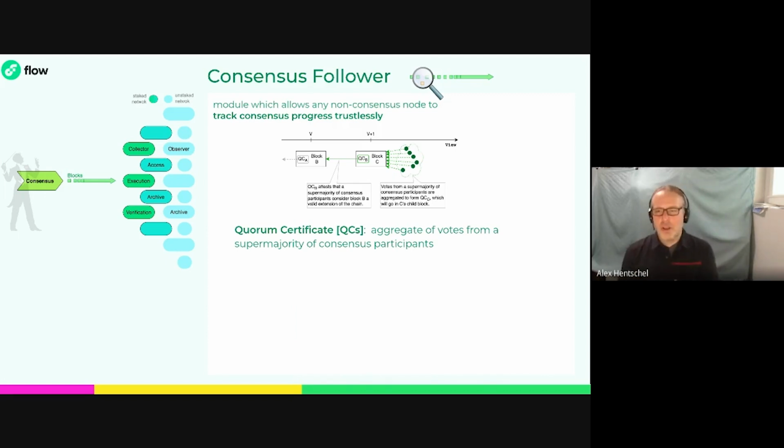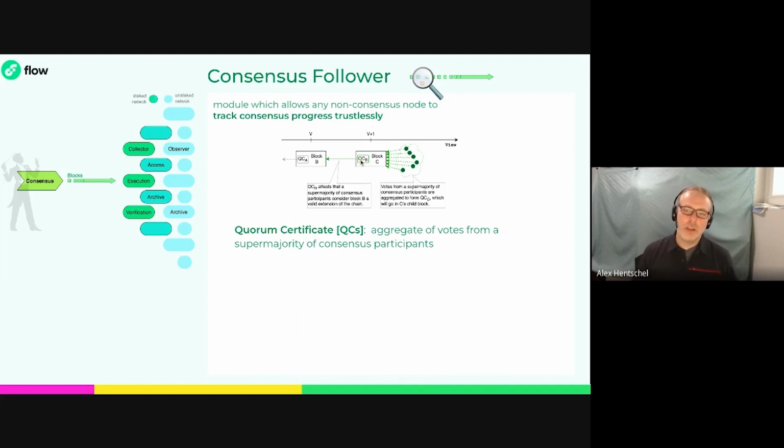I'm going to skip a little bit over the details here. In a nutshell, the consensus follower optimizes the way it verifies blocks. In blocks, we have the quorum certificates, which are an aggregated form of the consensus votes. Whenever a block has enough consensus votes, 2/3, they're aggregated into a quorum certificate, or QC for short, and that QC goes into the child block.